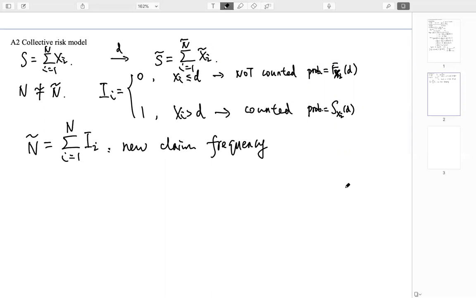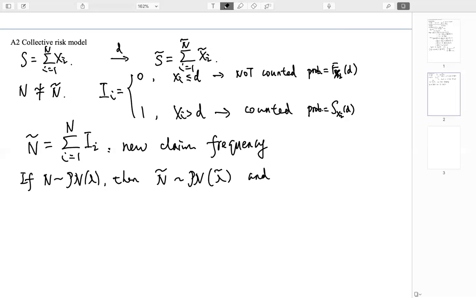So in general, we don't have very nice things for it. But if you know N is Poisson, then I know my new claim frequency Ñ is also a Poisson distribution.